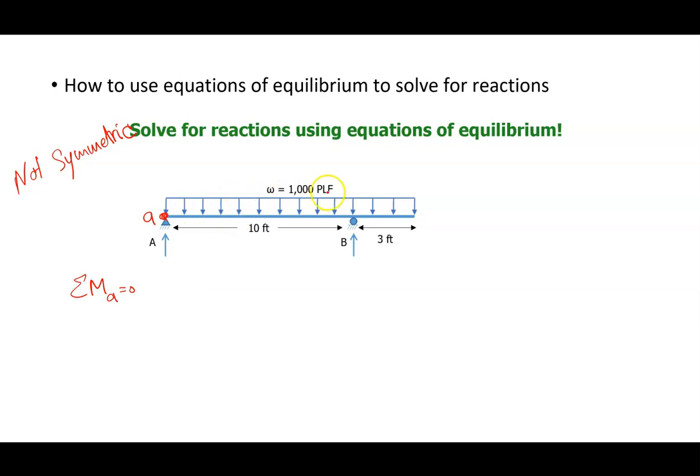So we have a uniformly distributed load. We will replace that with the equivalent resultant. So the resultant of this uniformly distributed load is equal to load times total length, which is 13 feet.